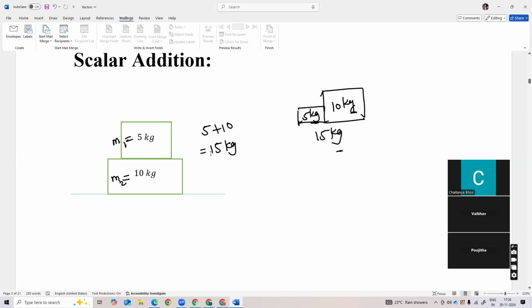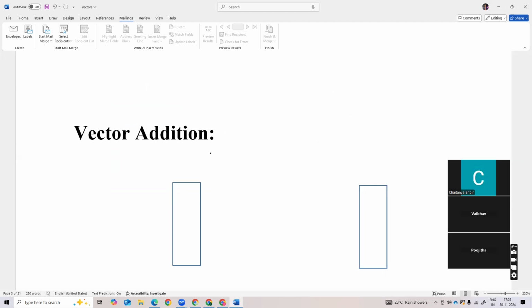But if you have one object, and you are applying a force of 10 newtons on this object, and you have applied one more force of 5 newtons, and in another case you have applied a force of 10 newton on the left face of this object, and a force of 5 newton on the right face.